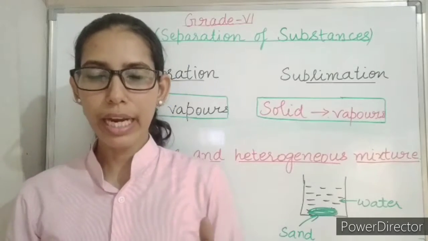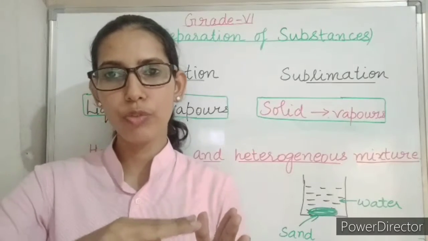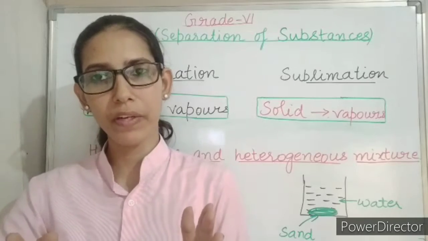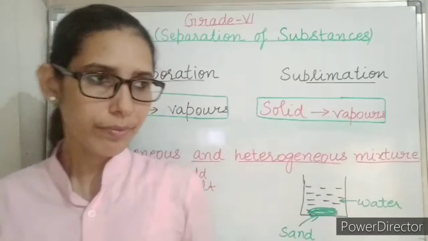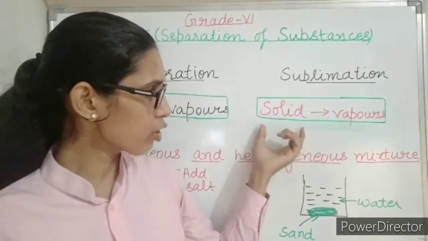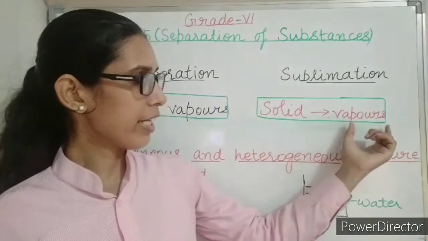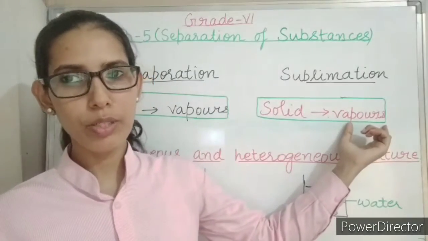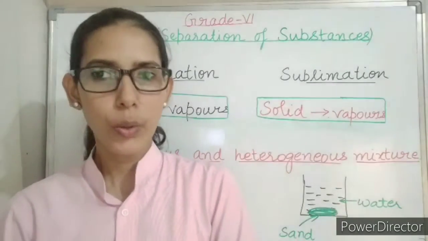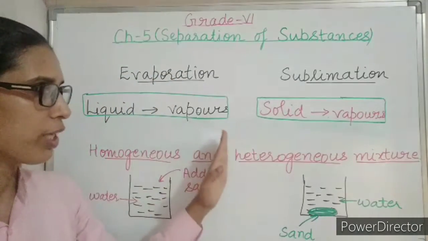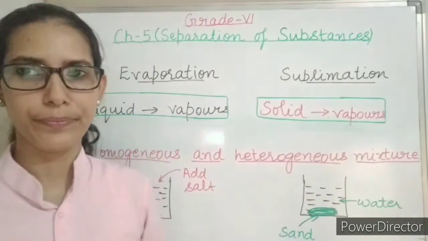So we saw that on heating, the ice cube first got converted into water and then water got converted into water vapors. But in sublimation, on heating, the solid changes directly into vapors. It will not go into the liquid state. I hope the difference between evaporation and sublimation is clear.